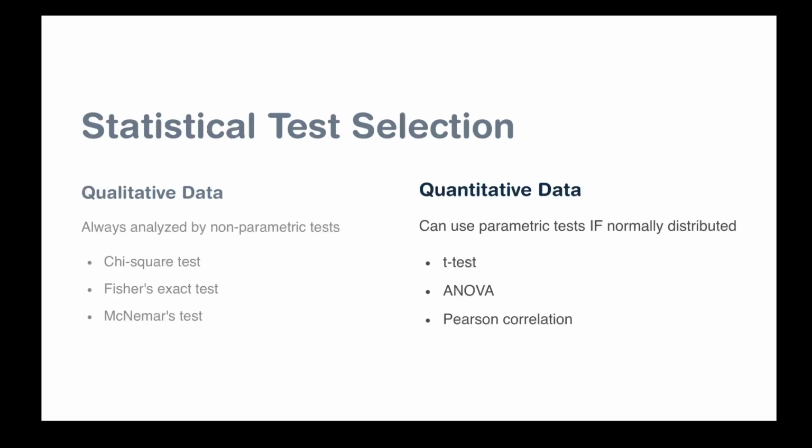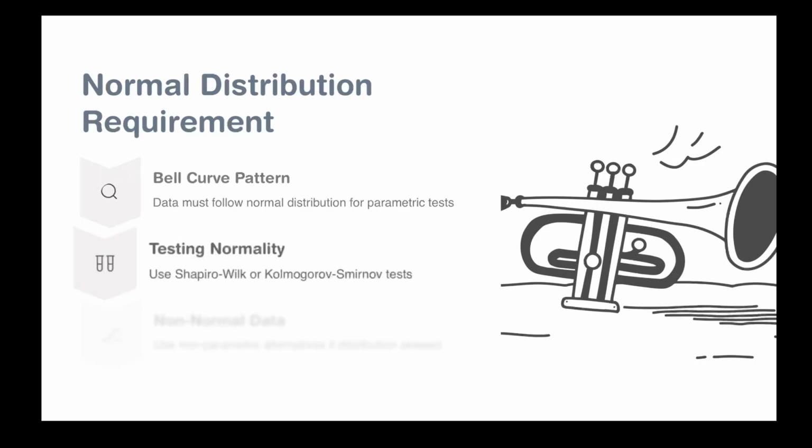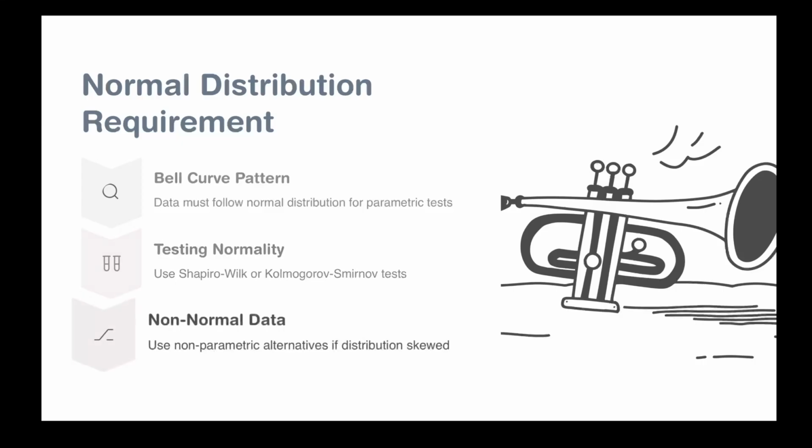The various tests used are t-test, ANOVA, Pearson's correlation. Normal distribution is a requirement: data must follow a bell curve pattern for parametric tests to be applicable. We test normality using the Shapiro or Kolmogorov-Smirnov test. If the data is non-normal, we have to use non-parametric alternatives if the distribution is skewed.